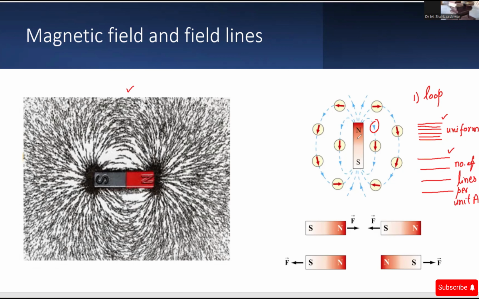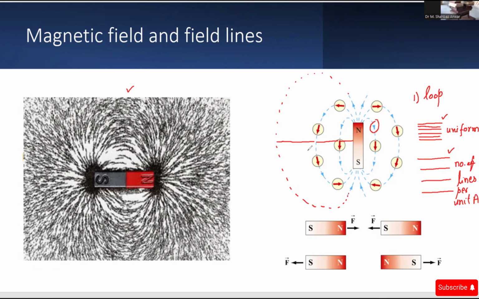What if, for example, we draw more lines around this bar magnet? Then the next line will be somewhat like this. Around this bar magnet, you can see the very first line is at this distance, then the distance between the next two lines is increasing, and the next lines are also increasing.